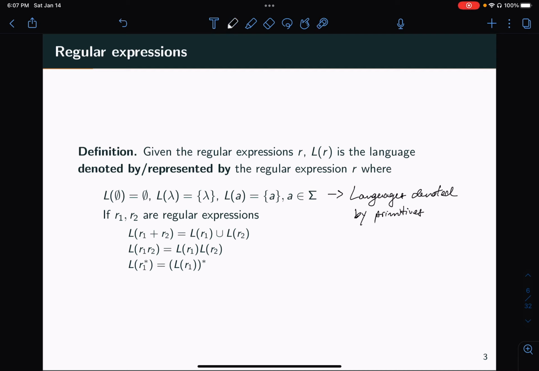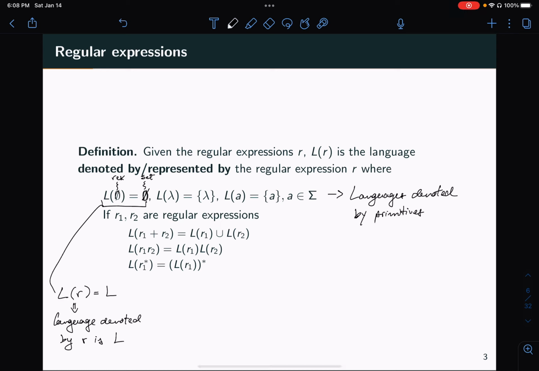The way you read this is L of R is the language denoted by R. So here the language denoted by this regular expression is this set. This symbol represents different ideas when their types are different. This is the symbol empty with type set, and this is the symbol empty with type regular expression, okay?